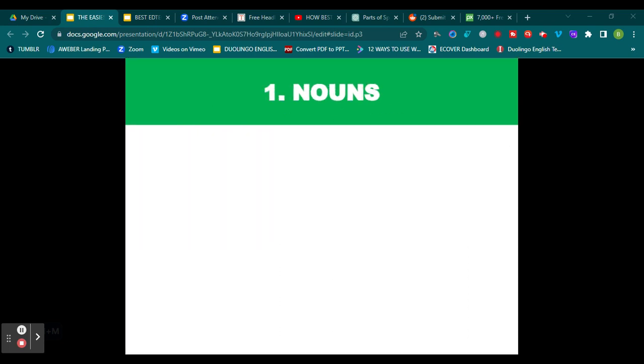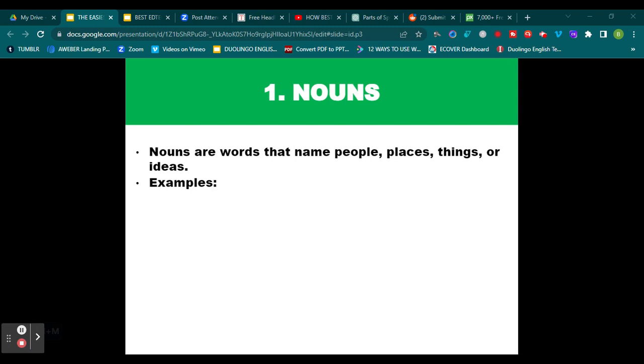Nouns are words that name people, places, things, or ideas. Okay, that is what a noun is really about. They are words that name people, places, things, or ideas. Examples include the following: Mark, a person, all right.